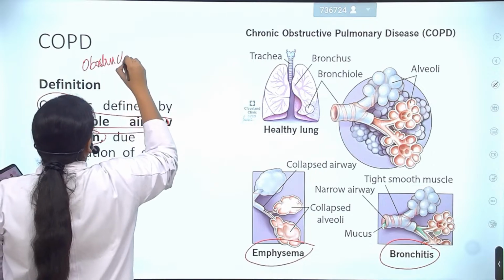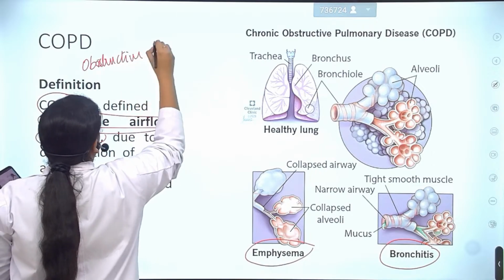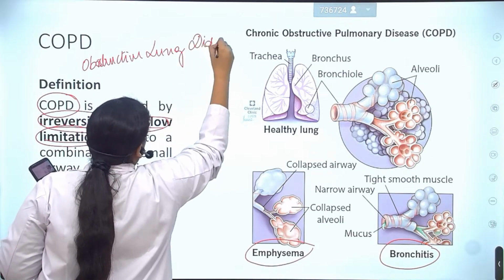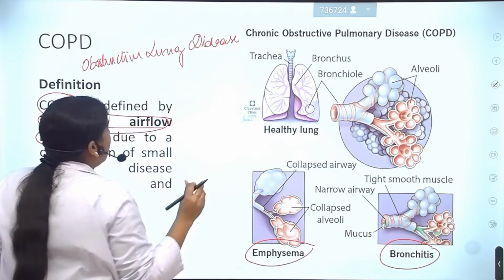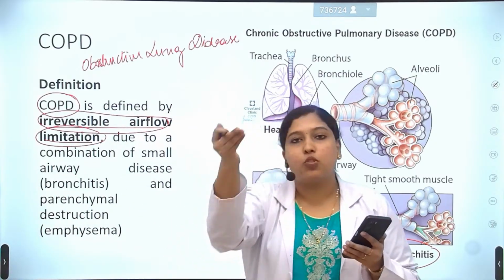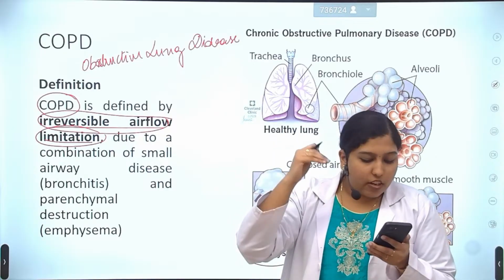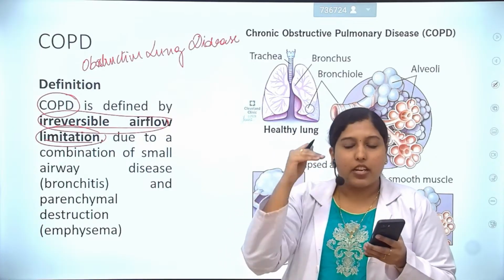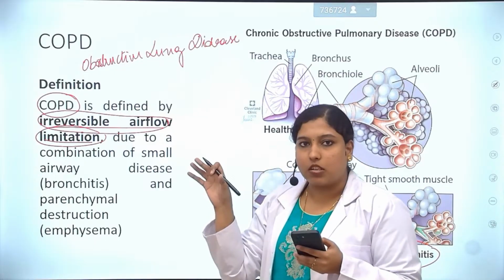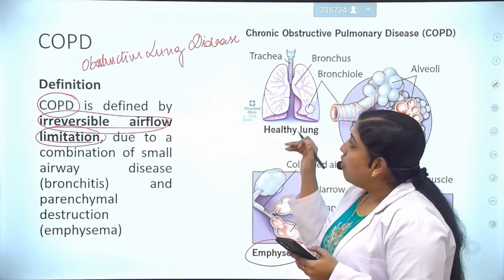What is meant by obstructive lung disease? There will be an obstruction in the airflow into the lungs and then out of the lungs also. So there will be obstruction in the airway, in going inside and coming outside. That is termed an obstructive lung disease.